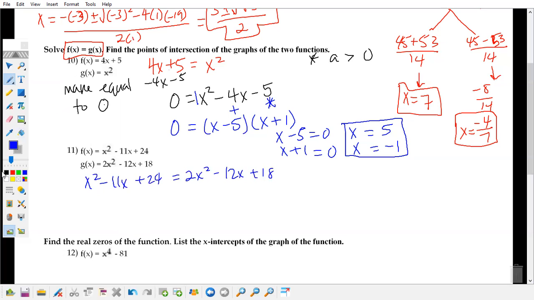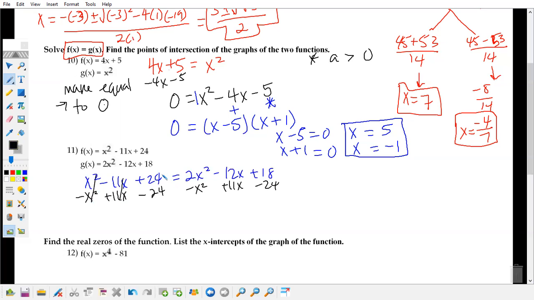Your goal again is to make it equal to 0. So what do I need to do? I'm going to subtract x squared, add 11x, and subtract 24, so on their corresponding parts, negative x squared plus 11x minus 24.